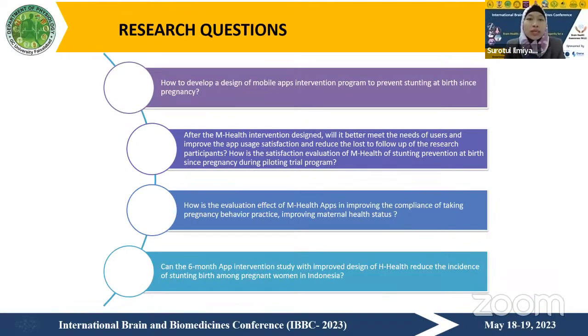So the research questions are: first, how to develop a design of a mobile health app intervention program to prevent stunting at birth since pregnancy. Second, after the mHealth intervention design, will it better meet the needs of the user and improve app usage satisfaction to reduce loss to follow-up of research participants? So how is the feasibility and satisfaction evaluation of mHealth stunting prevention at birth in the trial program?